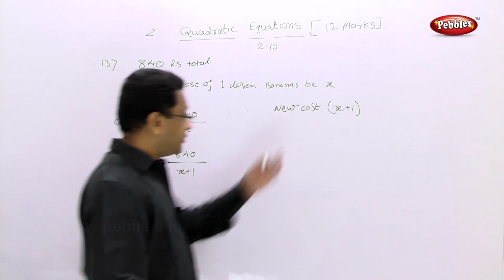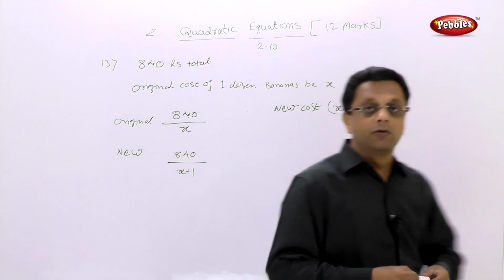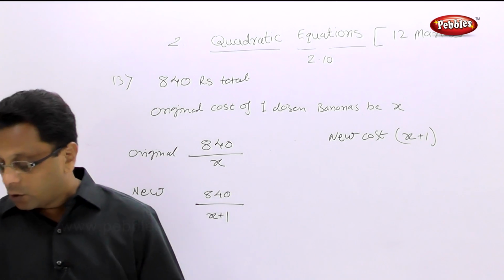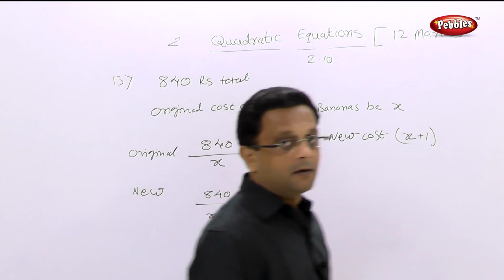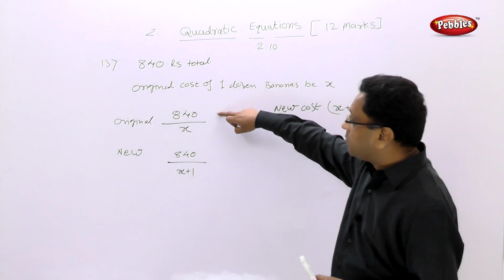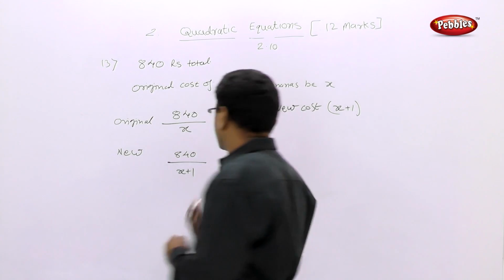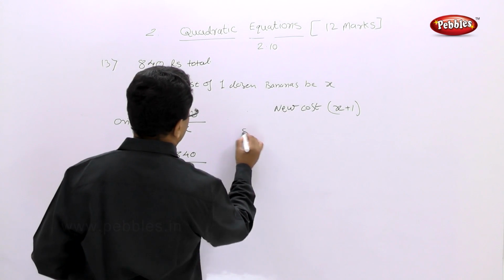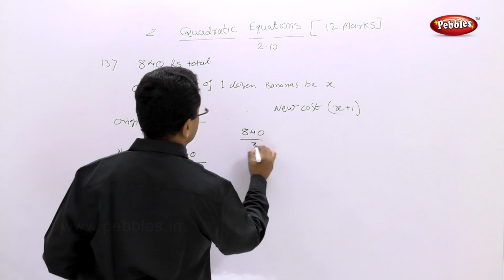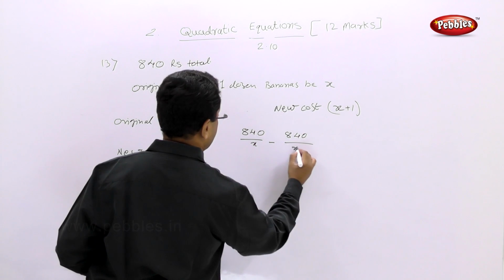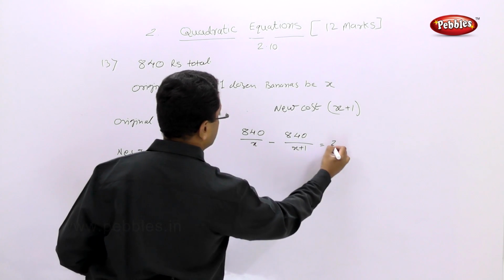And they say that when the cost is increased, you cannot buy same number of bananas. One can get 2 dozen less. That means original number minus new number is equal to 2. So here you get 840 upon x minus 840 upon x plus 1 is equal to 2.